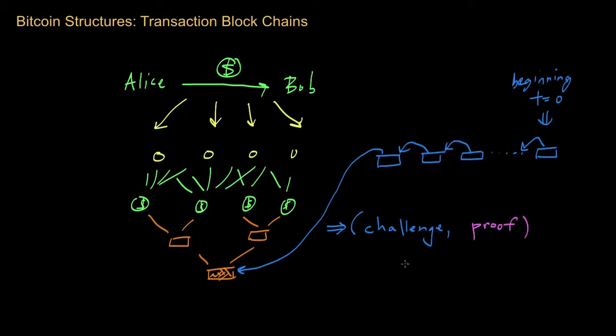And this proof of work has to have a very specific mathematical property. And what that property entails is that if you take the challenge numbers and you take these proof numbers and you concatenate them together and you make them the input to a cryptographic hash function, okay, the resulting output has to have a large prefix of zeros, okay?